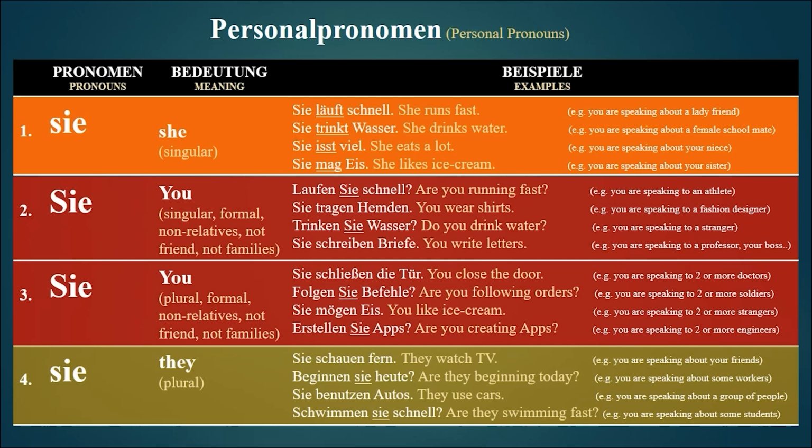They use cars. You are speaking to or about a group of people. Now, we have schwimmen sie schnell. Are they swimming fast? We are speaking about some students. So basically, these are, for now, the four types of Sie we have in German and how they can be used.